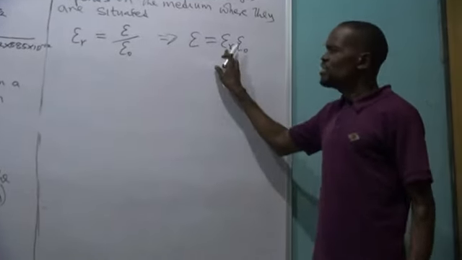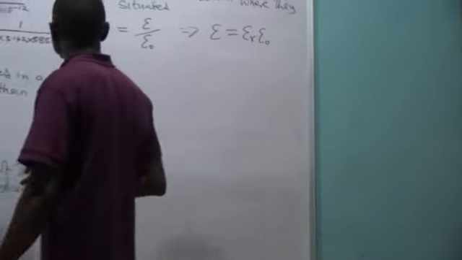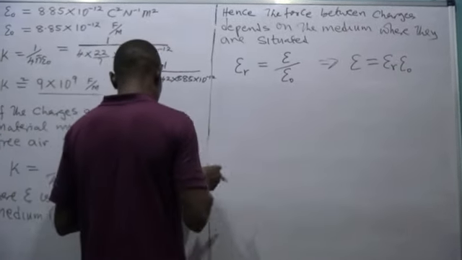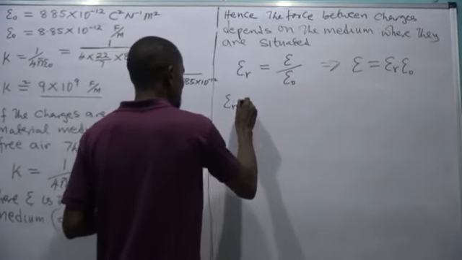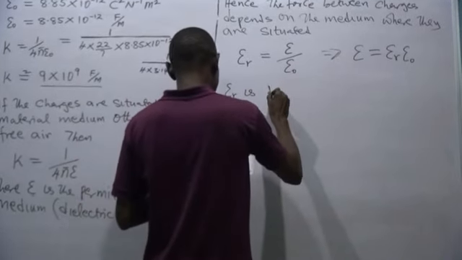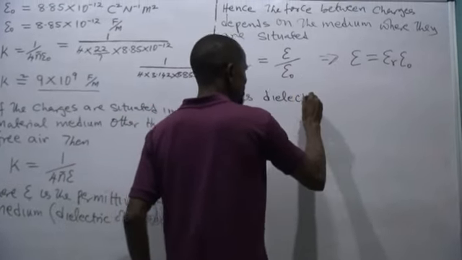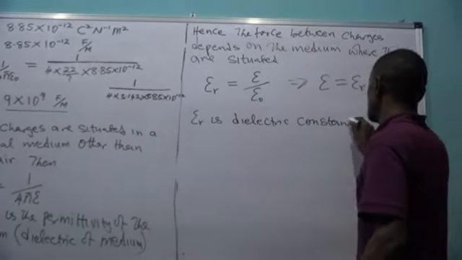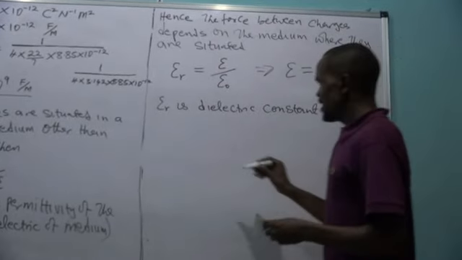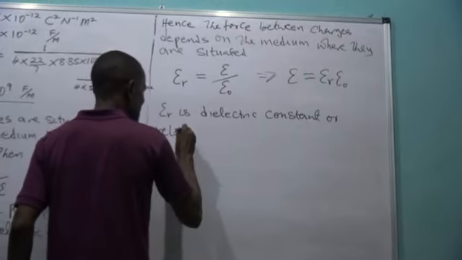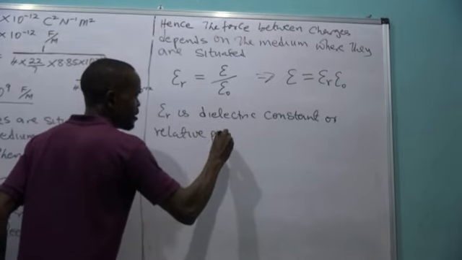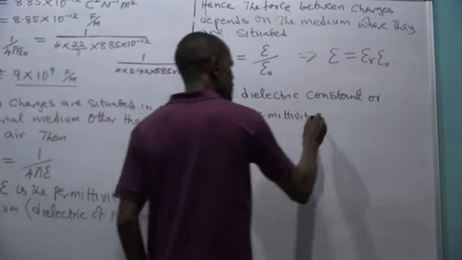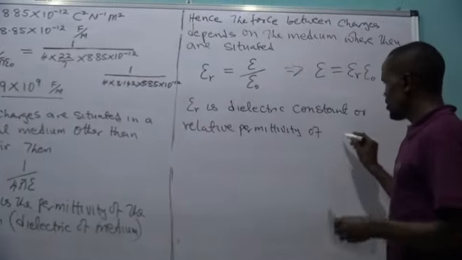This εr is what we call the relative permittivity of the medium. We call it relative, where ε0... εr is the dielectric constant, or relative permittivity of the medium.